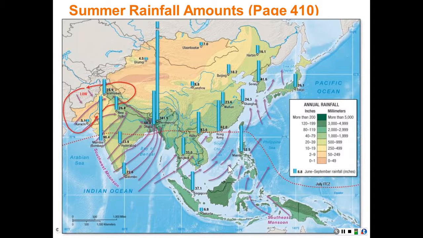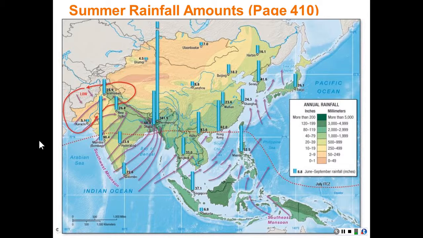But in general, we see higher rainfall amounts off the Indian Peninsula into Southeast Asia, as well as through the Pacific Basin, Philippine Sea, and Sea of Japan.